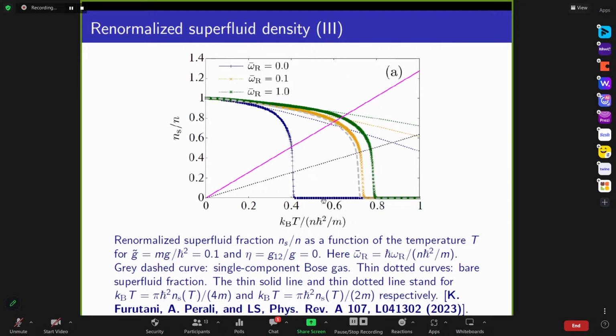And in all these cases, you see that you have a sort of a jump of the superfluid density at a critical temperature, and above this critical temperature, the superfluid density is strictly equal to 0. And in this way, you can deduce what is the critical temperature.